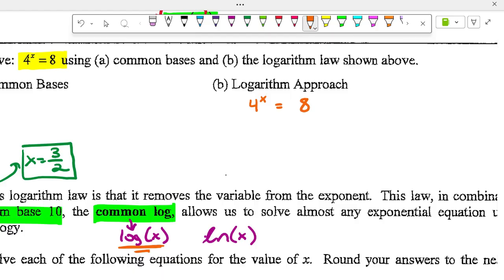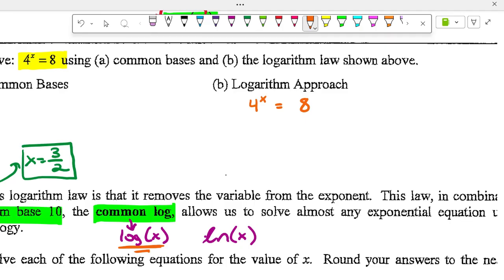Now, usually with the logarithm approach, the very first thing that you have to do is get the base of the exponential by itself. So is the base of the exponential by itself? So in other words, the base is the number attached to the exponent. So nothing's being added or subtracted to it outside of it, nothing's being multiplied or divided to it.